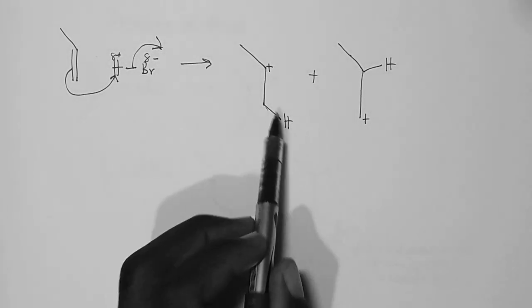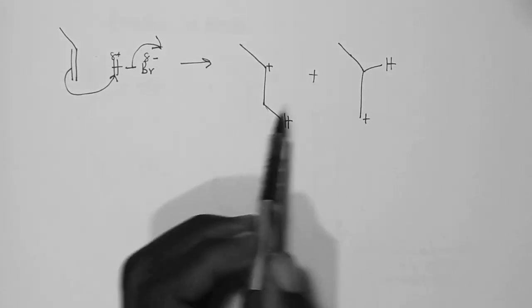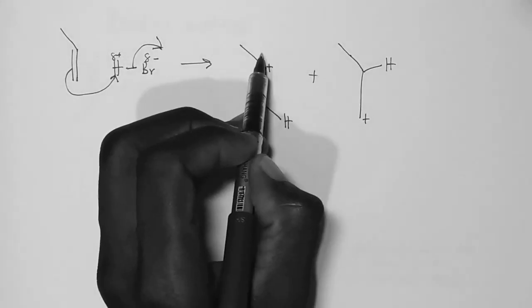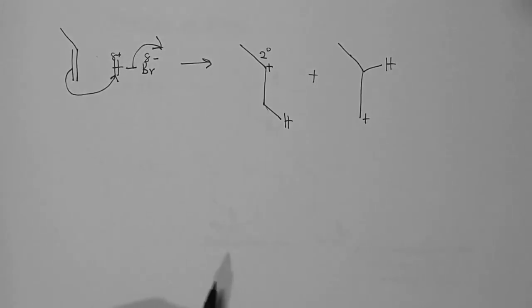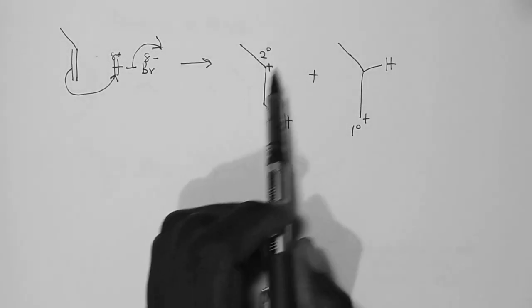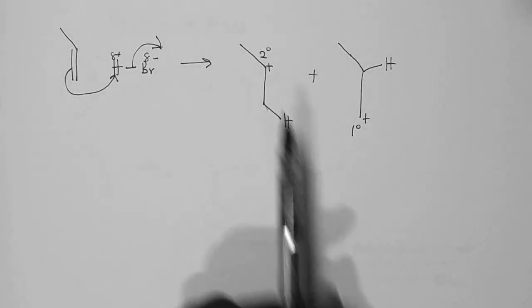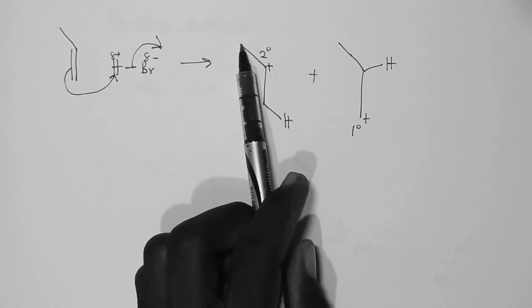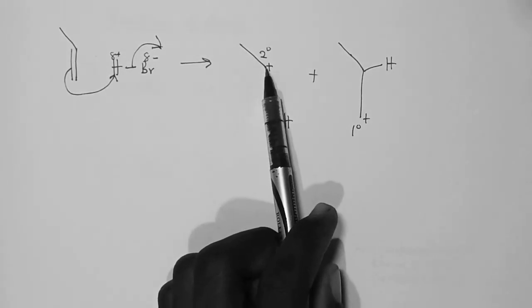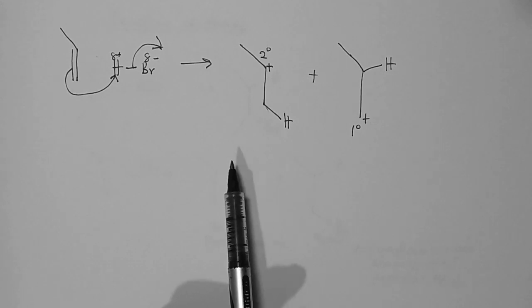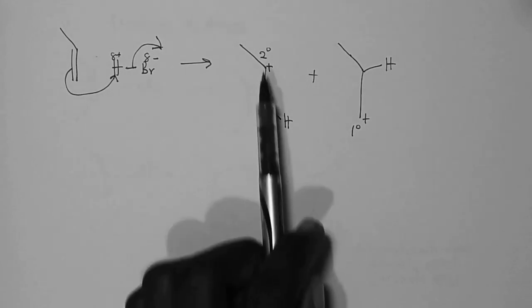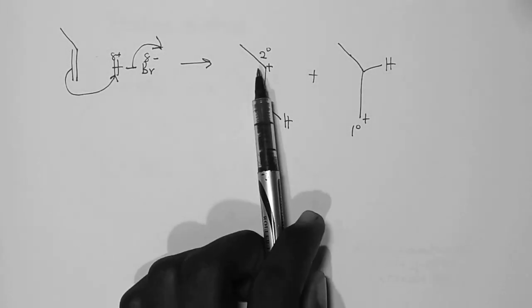Now, we know that the first is the one that will lead to the major product. But why? This is a secondary carbocation, and this is a primary carbocation. A secondary carbocation is more stable than a primary carbocation, because the methyl group here donates electrons into the center through inductive effect. So this carbocation is more stable than the other one, and therefore it will lead to the formation of the major product.